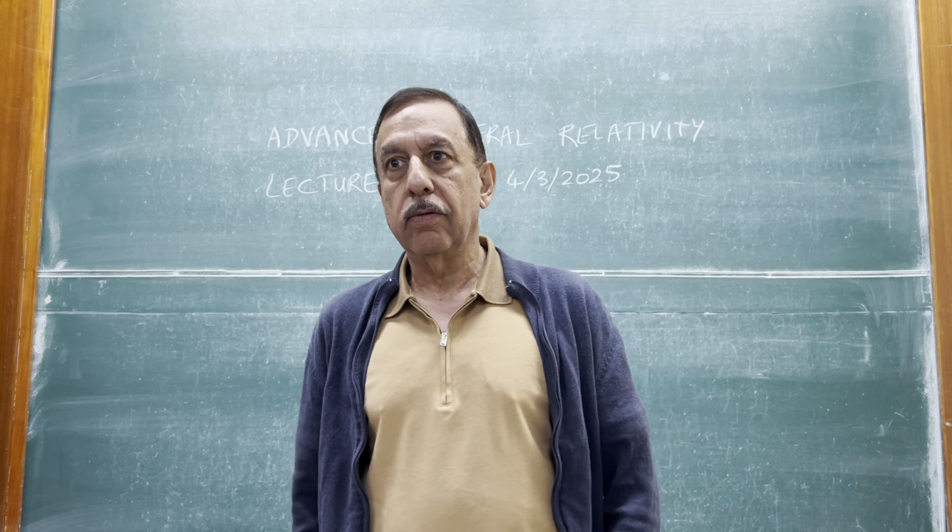So for this, I'm going to first rewrite the embedding equation in the following form. I'll write it as eta mu nu x mu x nu plus x_{d-1} squared minus x_d squared equals minus L squared. What have I done? First of all, x_d squared is just doing what it was doing before.